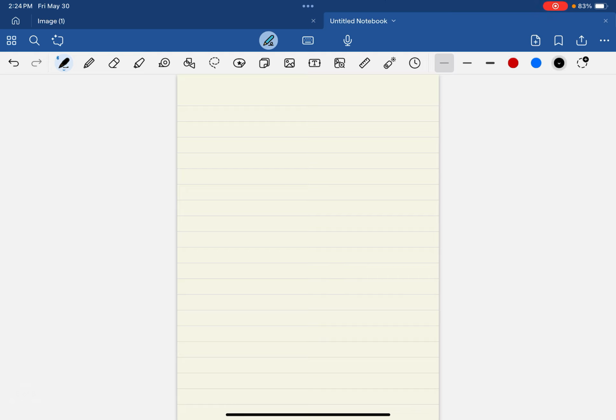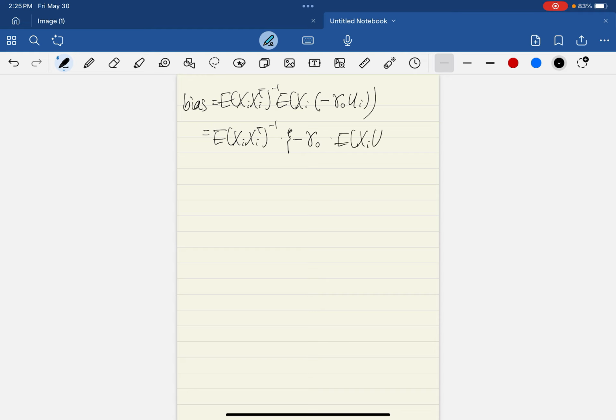so what we learned is the misspecification bias can be written as the expectation of x_i transpose inverse times the expectation of x_i times epsilon does not matter, but what matters is this, right? And that can be written as the expectation of x_i transpose inverse times minus gamma 0 times the expectation of x_i u_i.